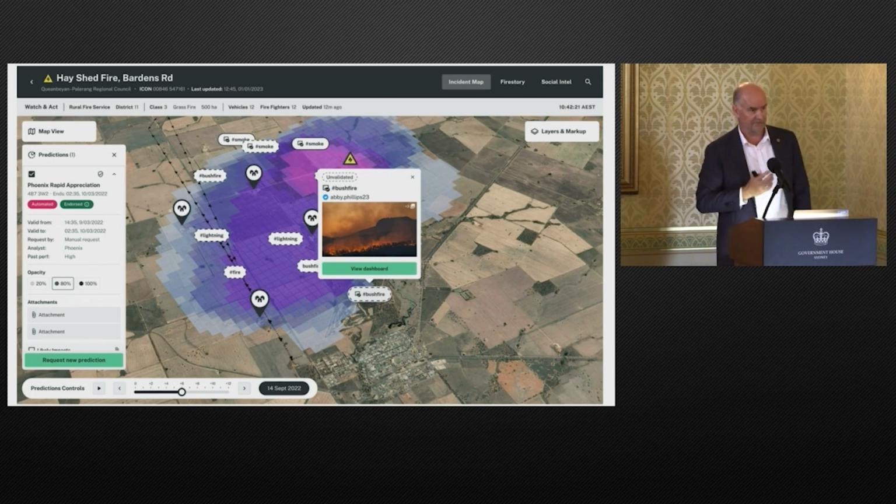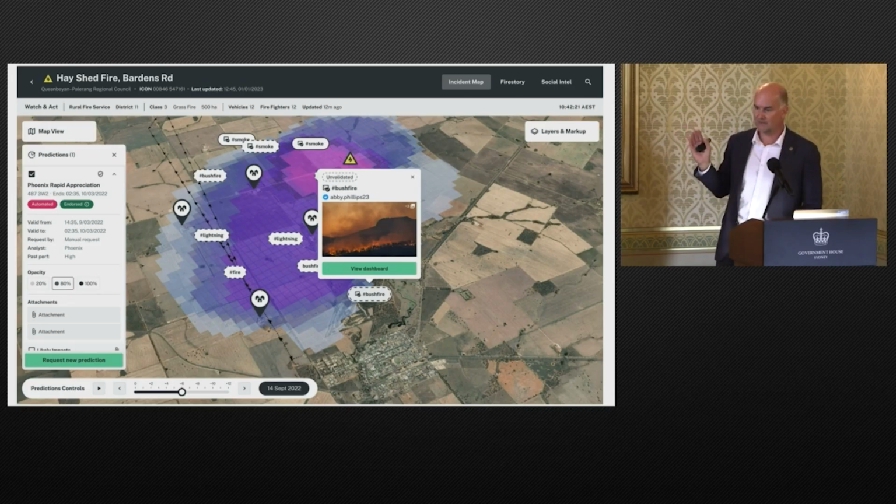It overlays it with years and years' worth of modelling work that's been done at CSIRO, and it's a fire prediction tool. And the RFS now use this to predict impact on people and buildings and for deploying resources. So all these amazing uses of technology that most of us never even give a passing thought to in our everyday lives.